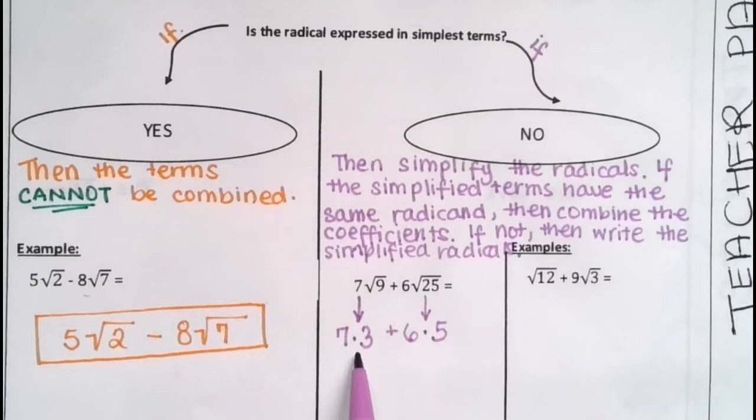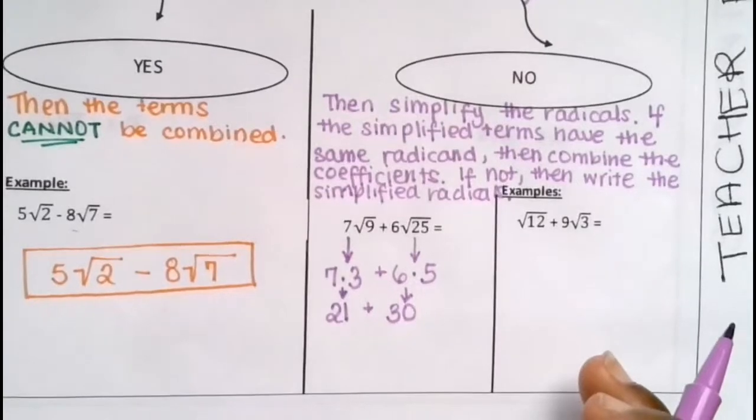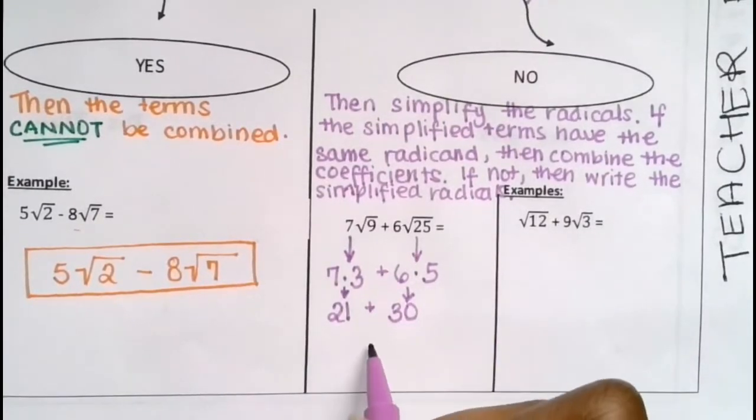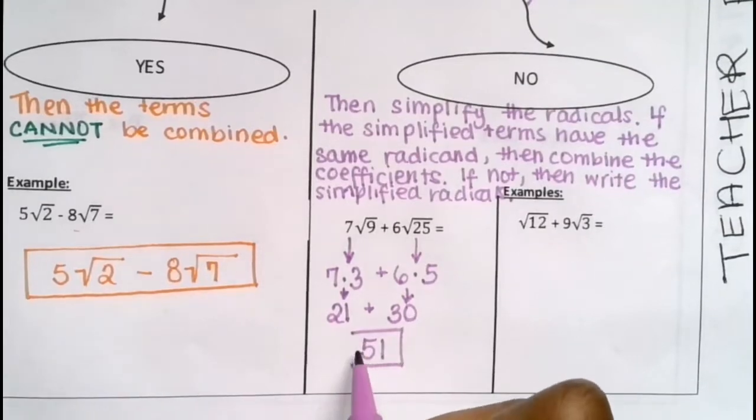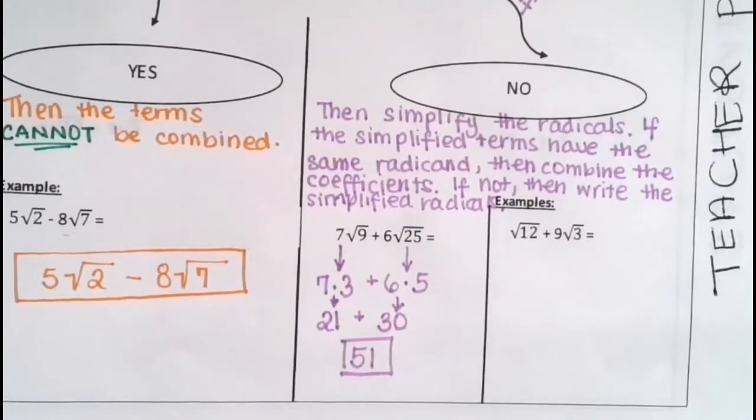I know that it's multiplication going in between these, because my 7 was right next to my radical 9, and my 6 was next to radical 25. I know that 7 times 3 is 21, and 6 times 5 is 30. So now I will find that sum, which equals 51. That worked out really nice because I had perfect squares.